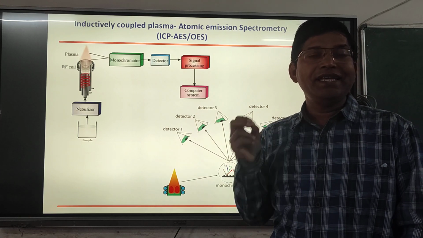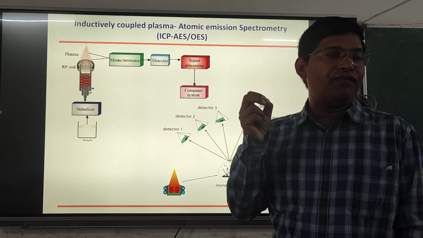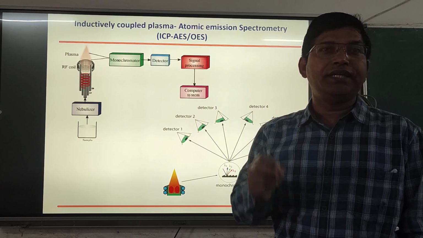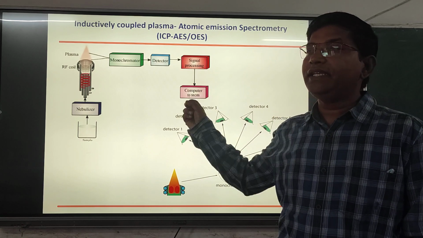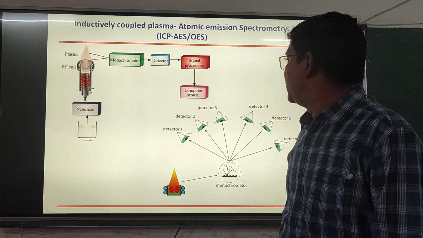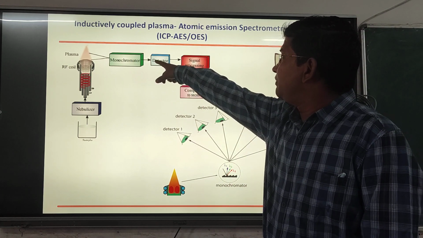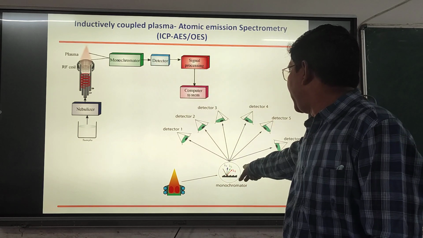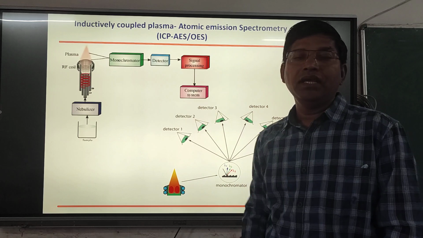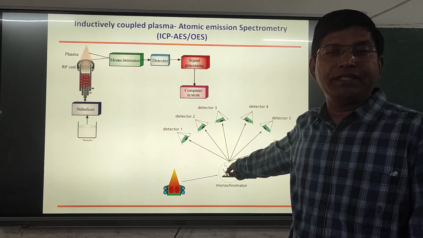ICP-AES is a multi-element technique. At a time we can determine several elements that are present in the sample. So that is an advantage over atomic absorption spectroscopy. So here we can see that after the monochromator there is emission of several wavelengths of light from the different elements present.